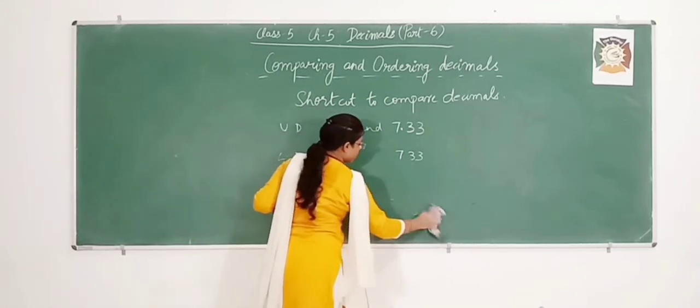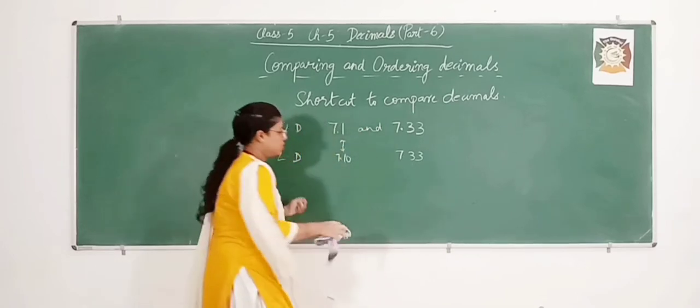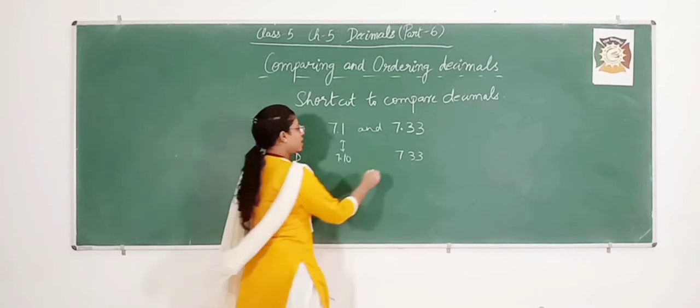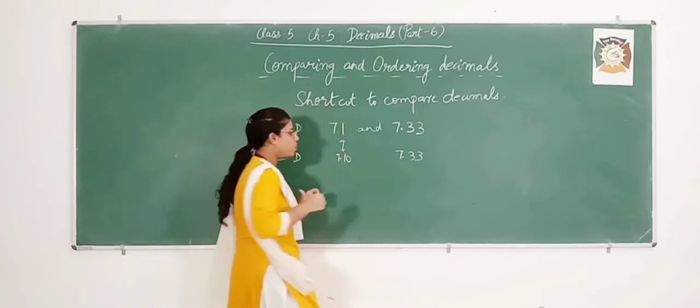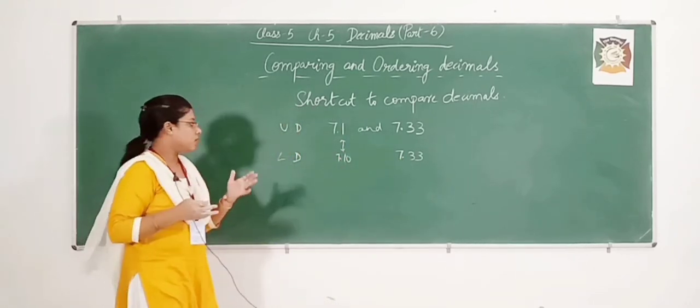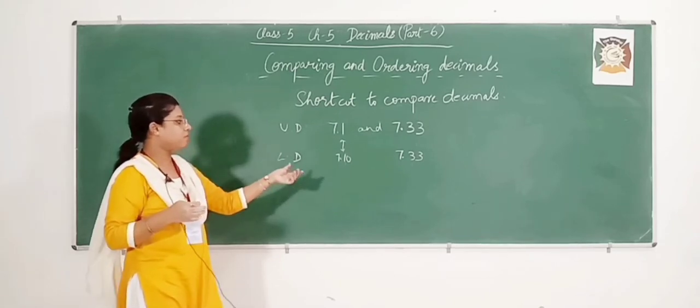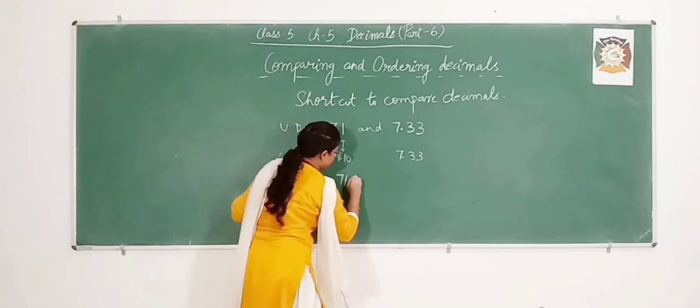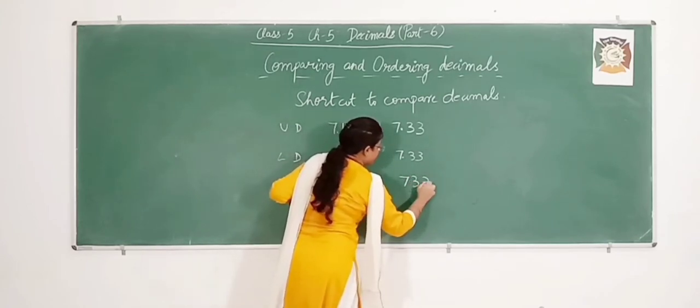Without doing this, what can you do? Since here we have obtained like decimals, you will remove the decimal point. You will compare the decimal numbers without taking the decimal point, like you will make it 710 and 733.